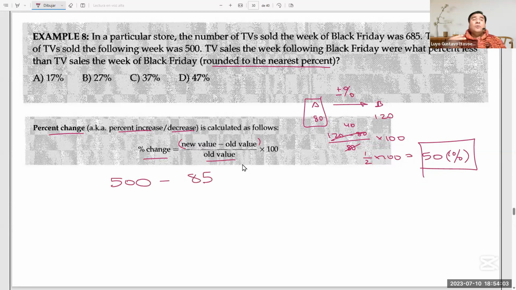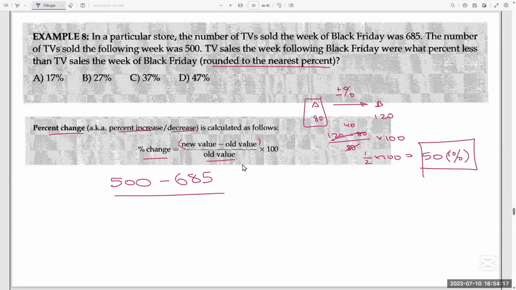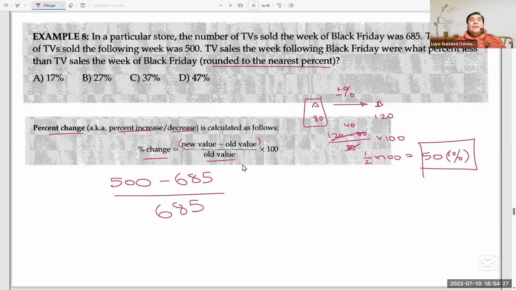Remember that the original says the week following Black Friday, what percent less than the week of Black Friday, right? So the new value is 500 because it's the following week. This week, 685. So this is a negative difference dividing by the original amount in Black Friday, 685.